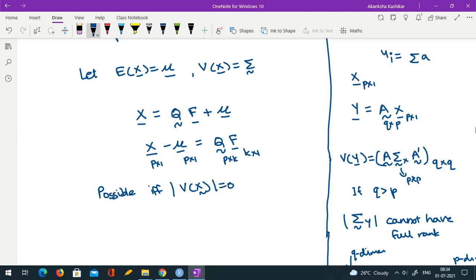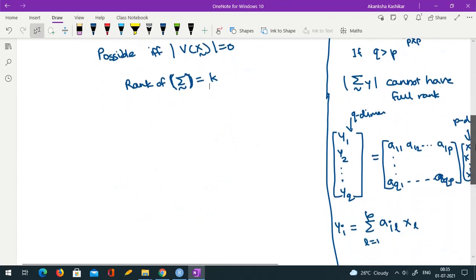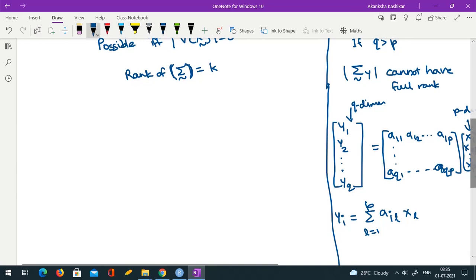Not just singular, actually, the rank of sigma would be k, because if my smaller vector has order k, then I can get exactly k linear combinations which have non-zero variance. Everything else will have zero variance. Hence, the rank of sigma would be k. So this is possible only if the rank of sigma is k.